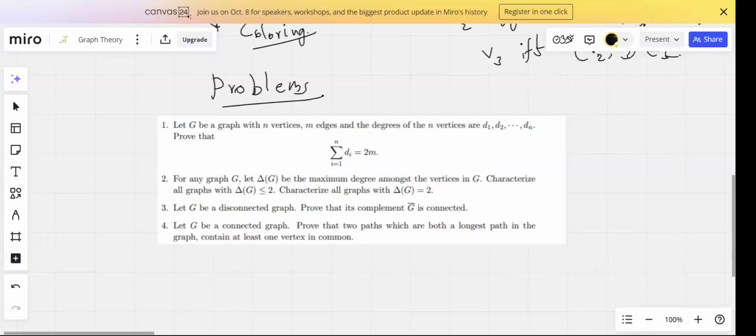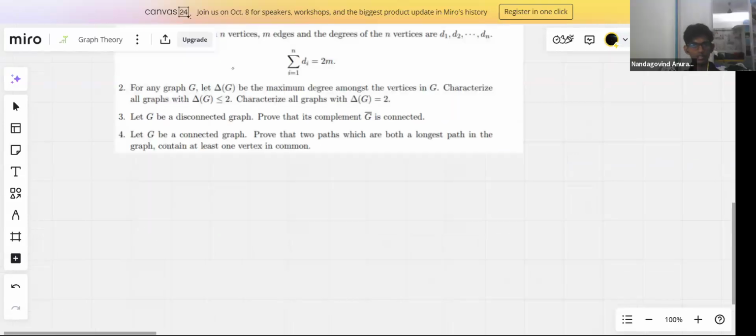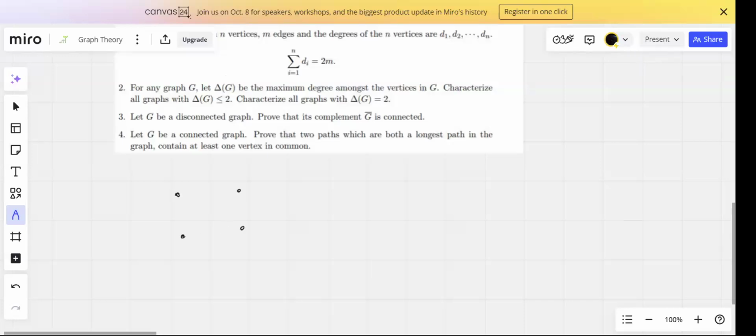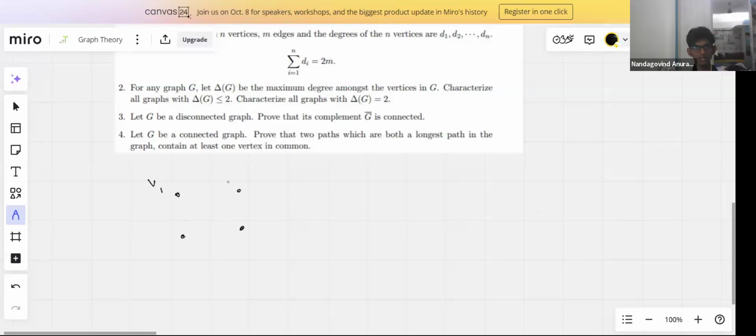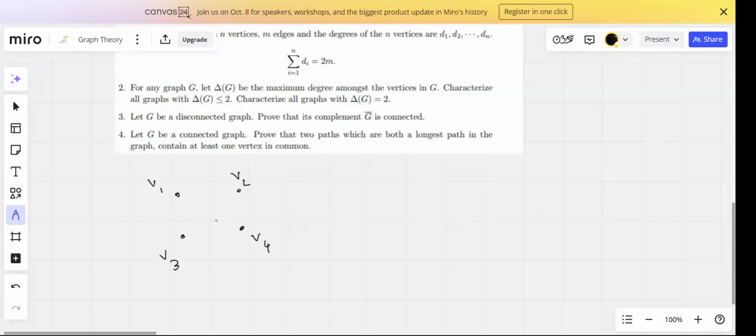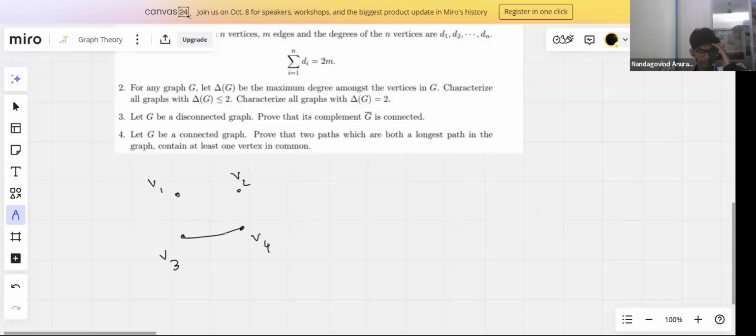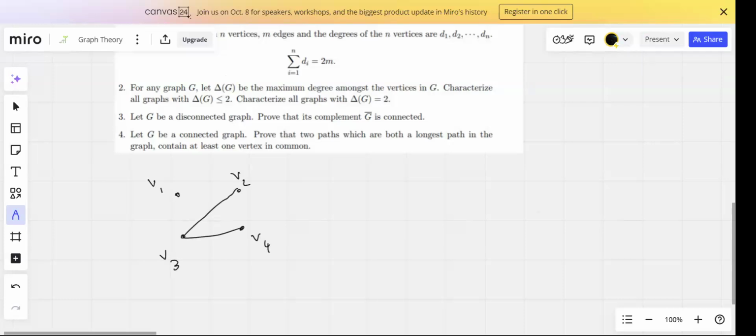For number three, can you just draw for four vertices once? Yeah, name them. So you join V3 to V4 and V4 to V2.